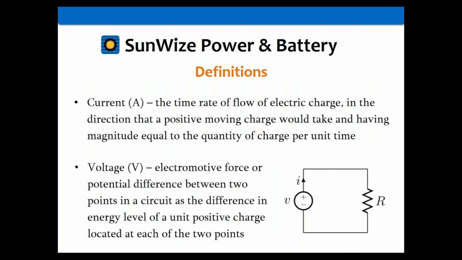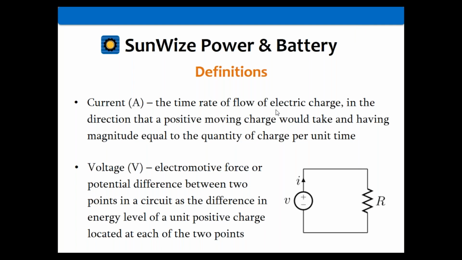Okay, so let's get right into the definitions then, starting with the current. And again, these definitions might be kind of a little big right now, but if you bear with me, you'll see how we can break these down into something a little simpler. So again, these definitions either came from an online search or straight out of my textbook from EE 101.